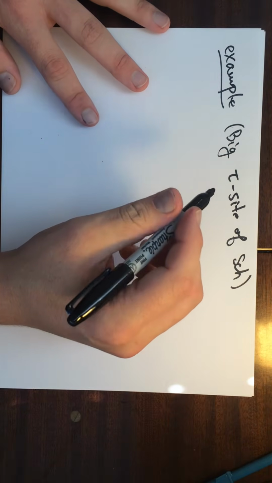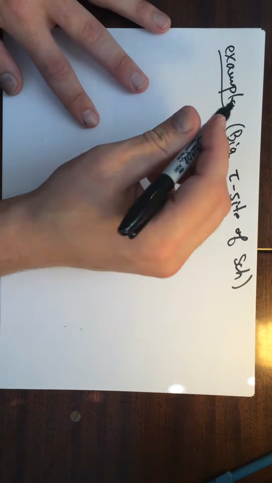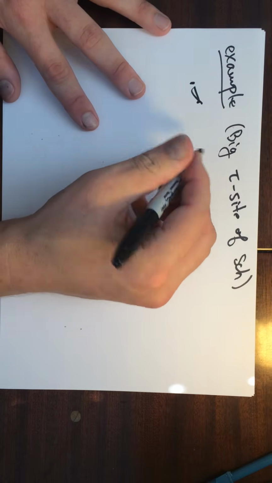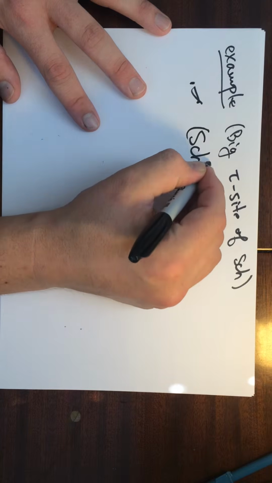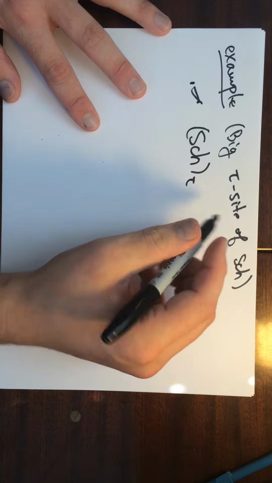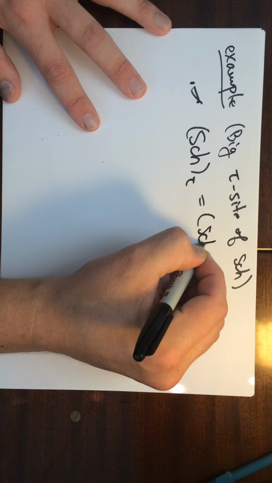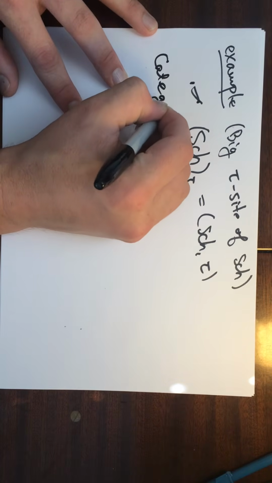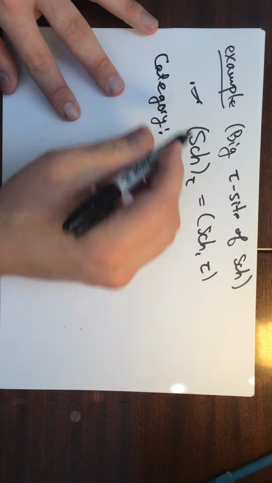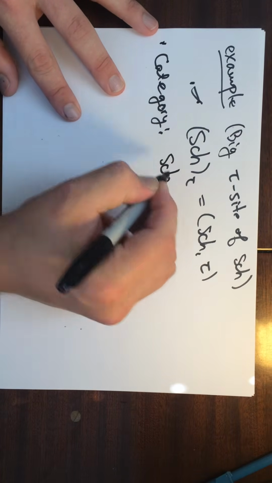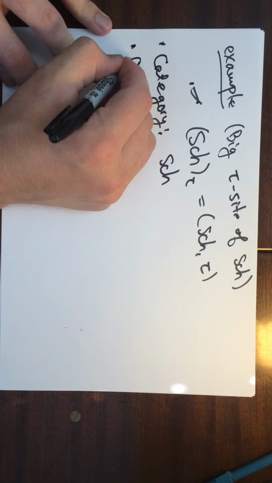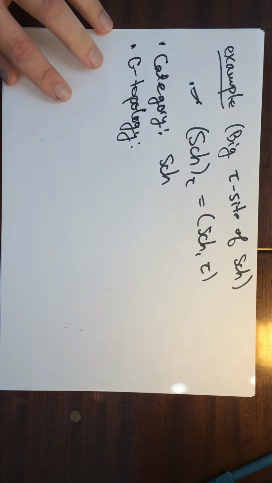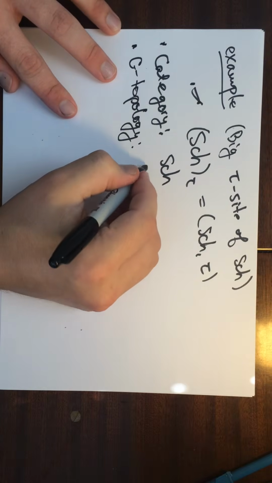So here we'll take the category of schemes with the tau topology. The category is just the entire category of schemes, and the Grothendieck topology, so this is kind of getting redundant right now.